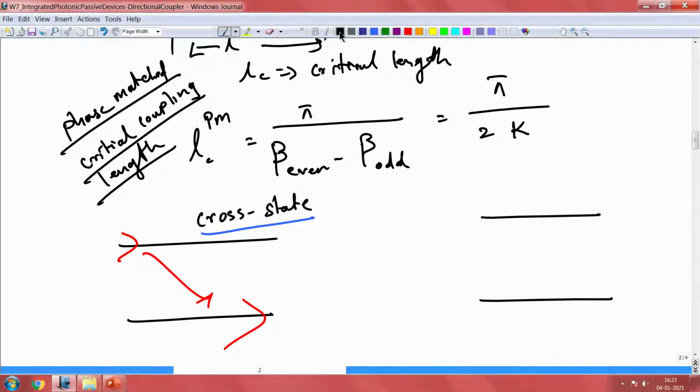The next one is where you have the wave in one waveguide. It can go here, but then it will come back. So, it goes back to the same waveguide. In this case we call this a bar state or a parallel state.